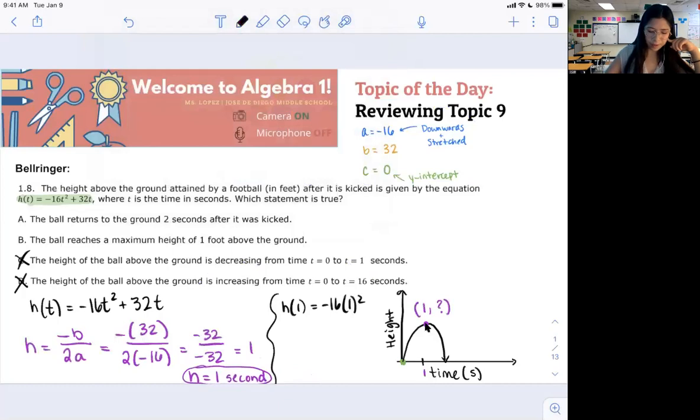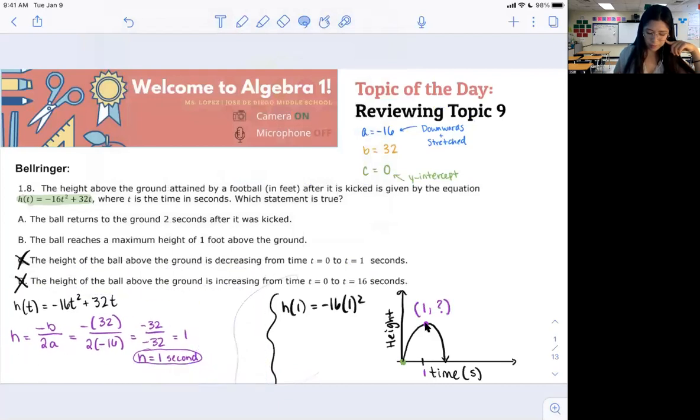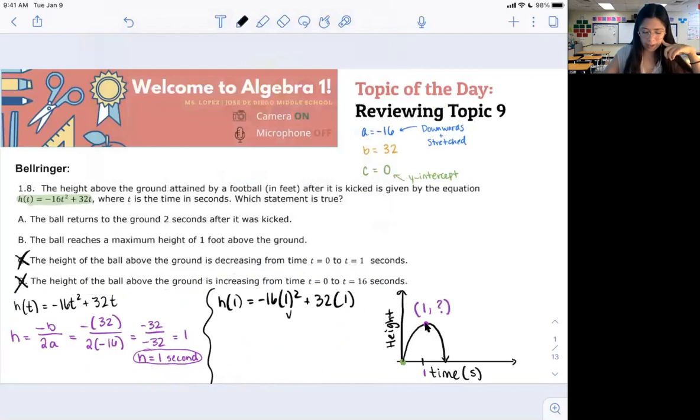I'm running out of room. Hold on, let me move things around. Okay. So plugging in my 1. 1 squared is 1. So I have negative 16 times 1, and then 32 times 1 is 32. So I have negative 16 plus 32.